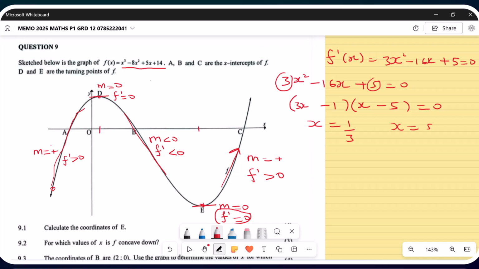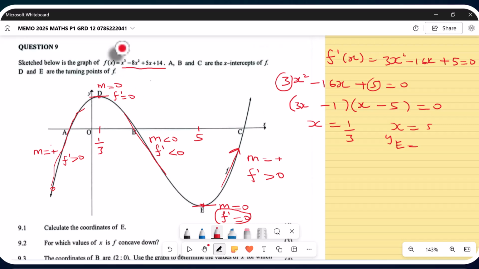Now to get our y value at point E, we substitute. Where there is x, I'm going to put 5. When I do so, what do I get? Calculator, substitute for me.